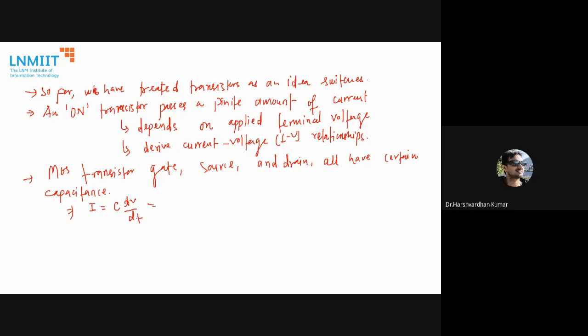The physical meaning of dV by dt is change in voltage with respect to change in time, right? So we can also rewrite these equations in the form of del V by del T, where del V represents change in voltage, and del I represents change in current.